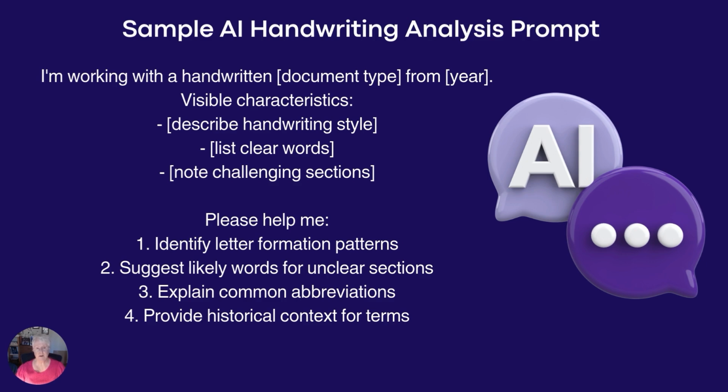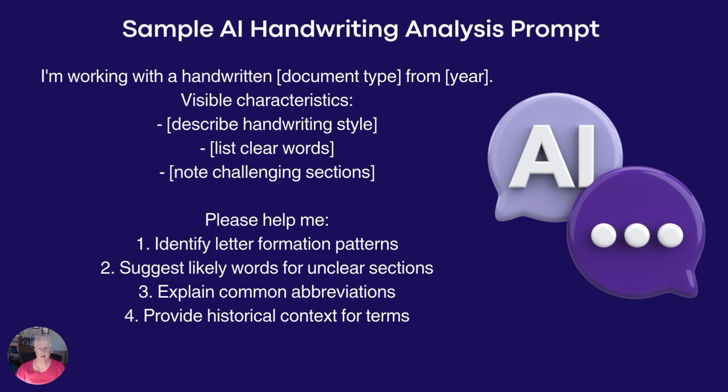So here's another prompt that you might use for sample AI handwriting analysis. Once again, substituting your data for those in brackets. I'm working with a handwritten [document type] from [year], and the visible characteristics are a particular handwriting style.